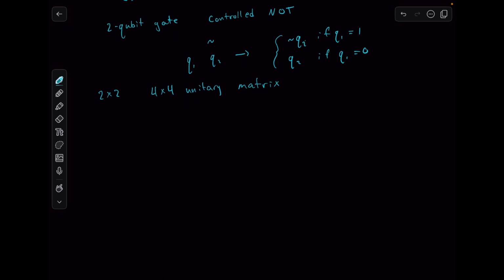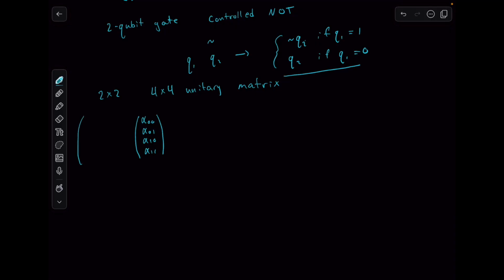Now let's think about how we can accomplish this controlled NOT action on the state of 2 qubits, which we just reminded ourselves is a 4-dimensional vector. So we'll have 4 amplitudes corresponding to each of the 4 computational basis states for 2 qubits.